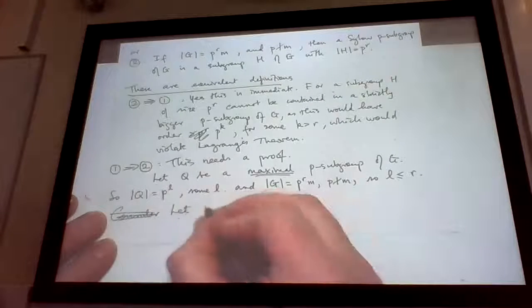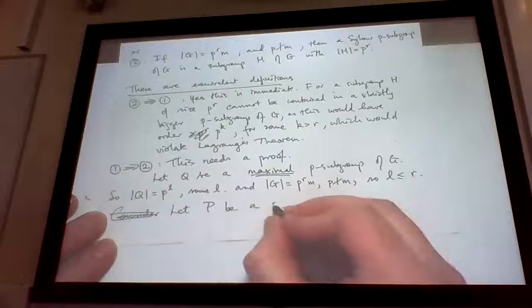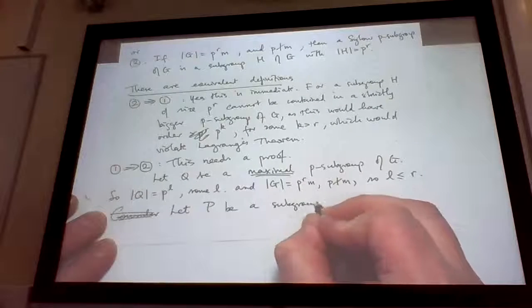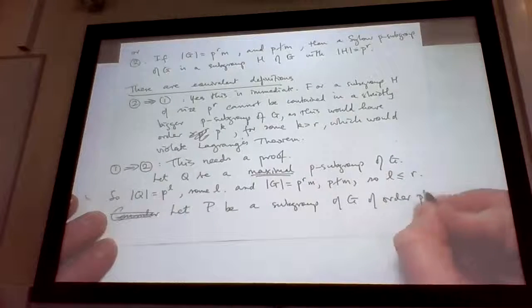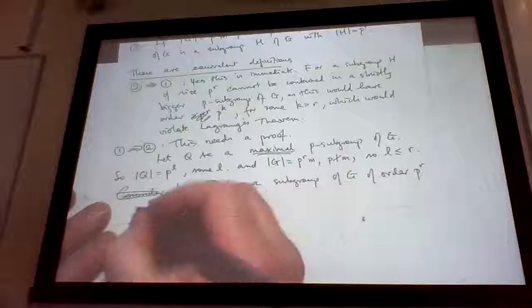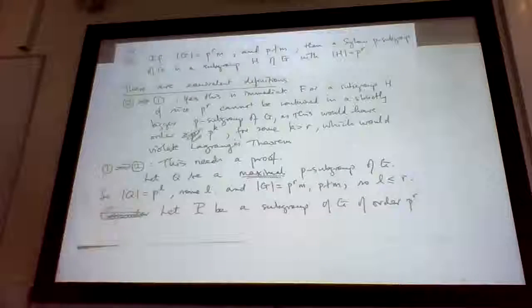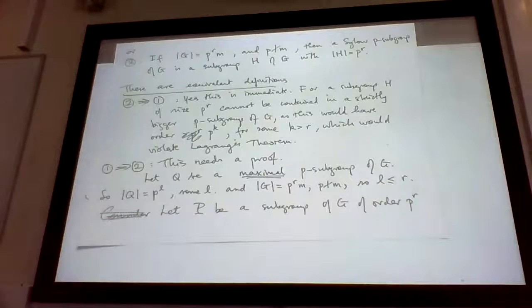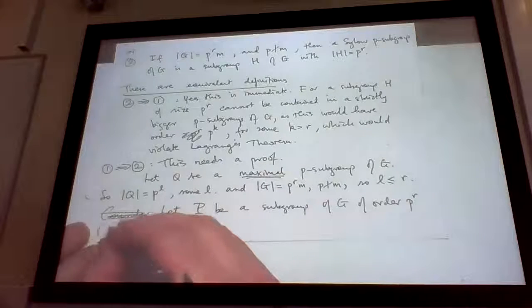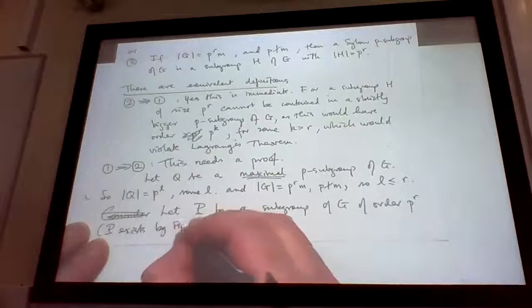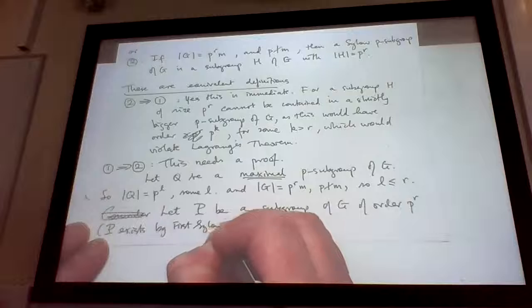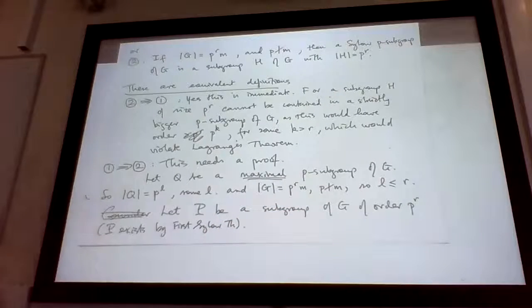So let P be a subgroup of G of order P to the R. We know that exists from the first Sylow theorem.